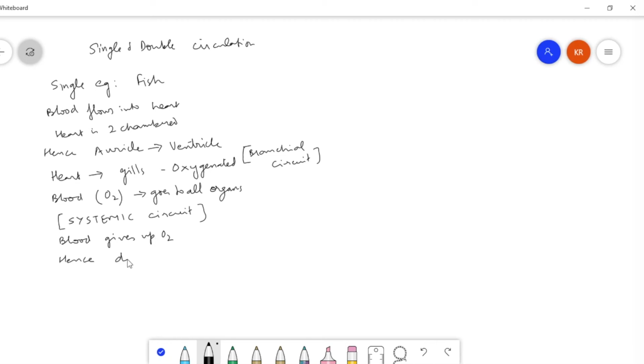Hence, deoxygenated blood returns back to the heart.